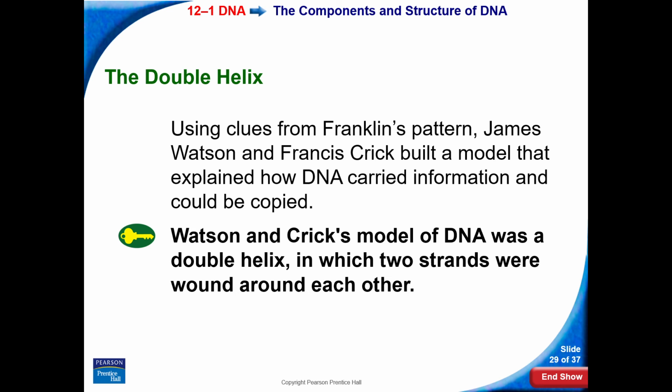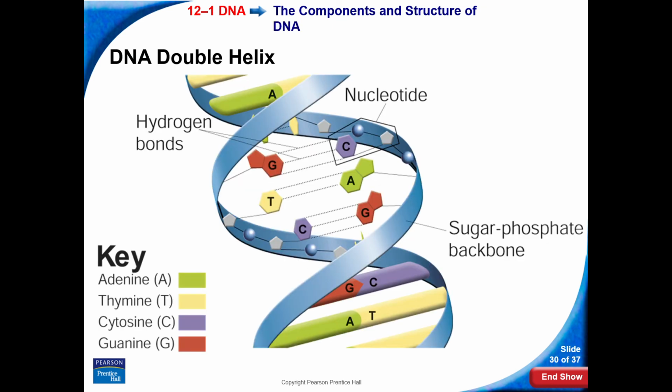Watson and Crick created a model that was called a double helix, a twisted ladder, in which two strands were wound around each other. Actually, when we look at this, there are two individual strands, but they're in opposite directions. When we put this model together, it kind of looks like if you had a rubber ladder and you grabbed both ends and twisted them in opposite directions.